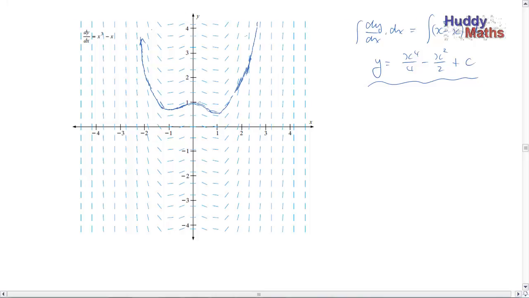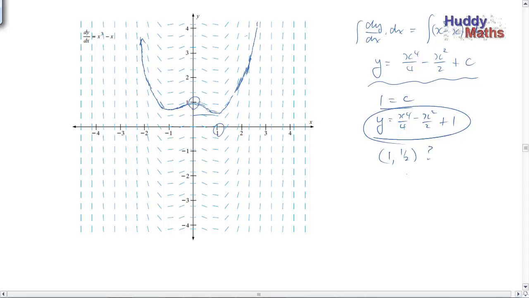If you put, we will check it then, put in 0, 1, we've got 1 equals c, so y equals x to the fourth on 4, take x squared on 2 plus 1 is a proposed function, and I reckon it goes through at about 1 and a half there, so 1 comma half.